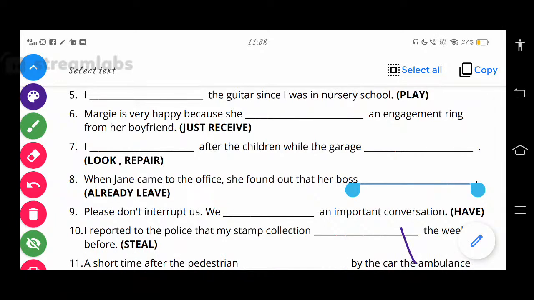Let's look at the 8th example. When Jane came to office, she found out that her boss dash. Even already, right? In our previous examples I told you regarding just.